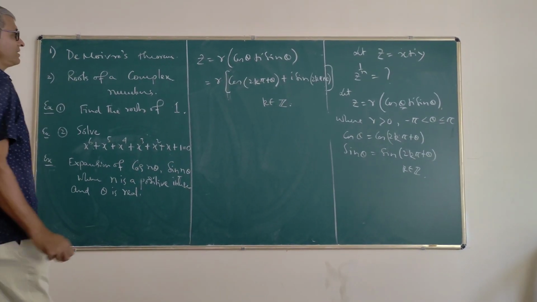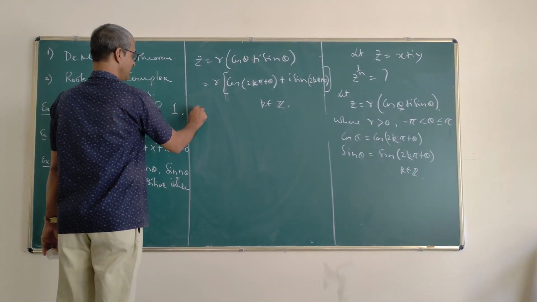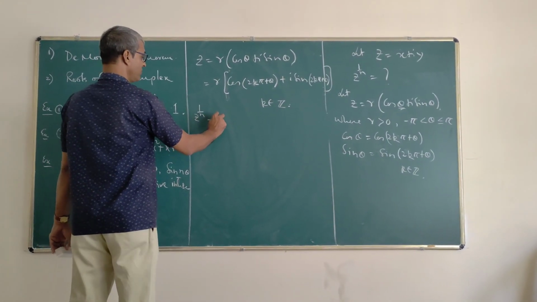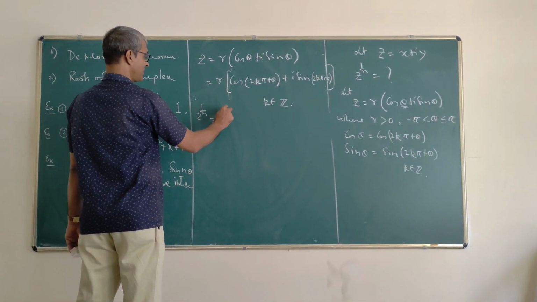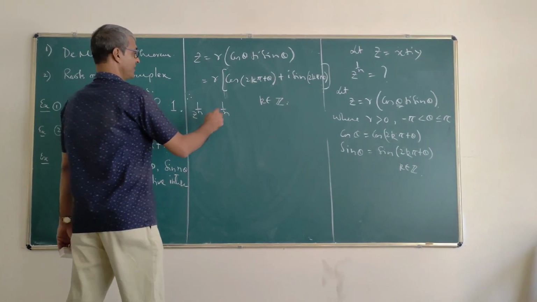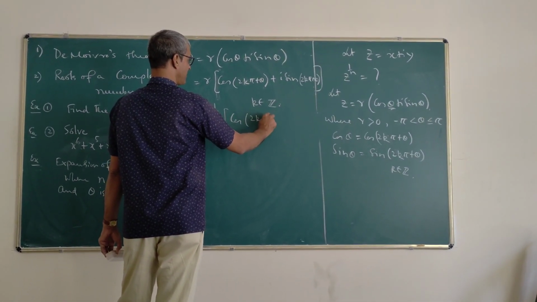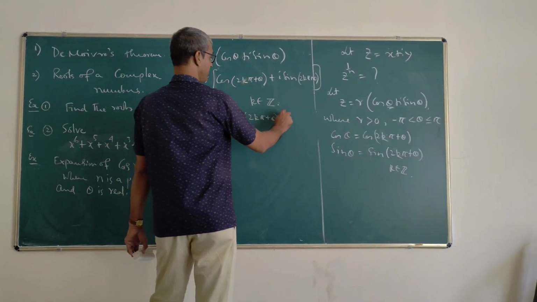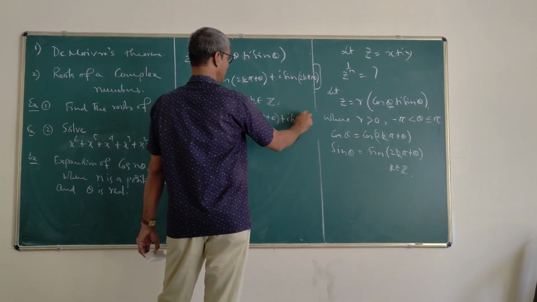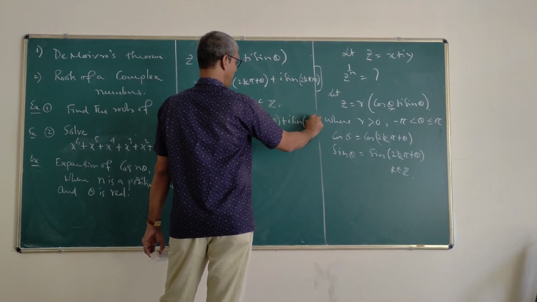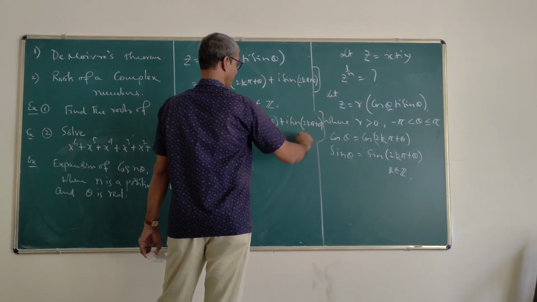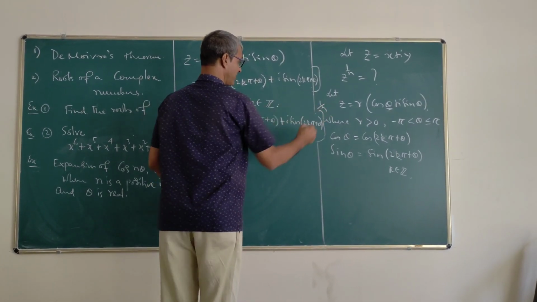Now to find the nth root of z, we need to express it this way: r to the power 1 by n, (cos (2k pi plus theta) plus i sin (2k pi plus theta)) whole to the power 1 by n.